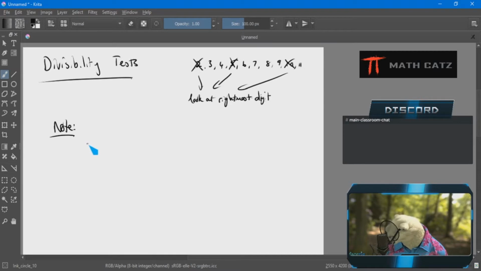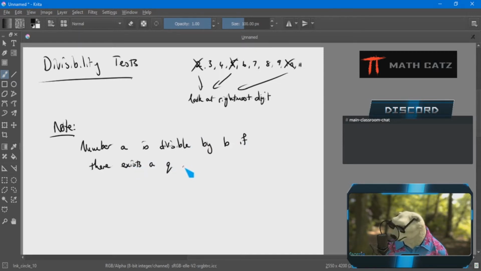So let me just say here, number A, let's call it, is divisible by some number B if there exists a number we call Q for quotient such that I can write A in that quotient times divisor plus 0 here.